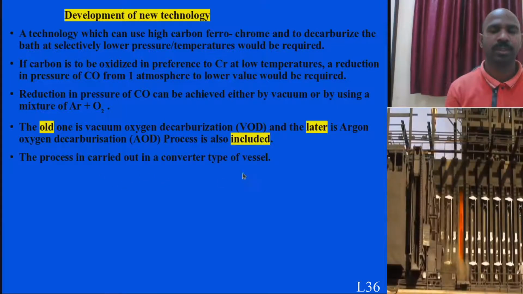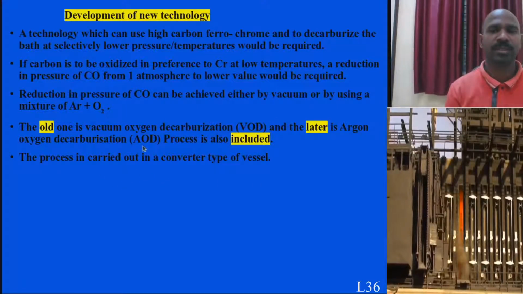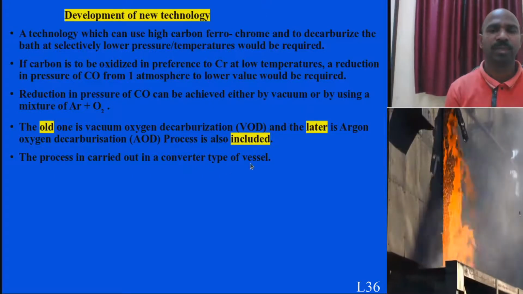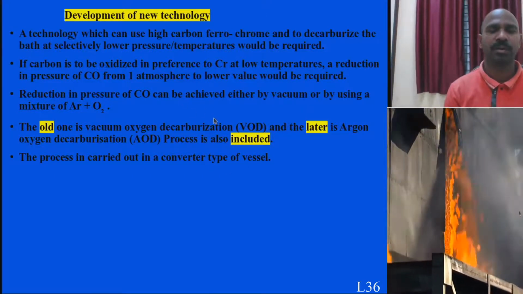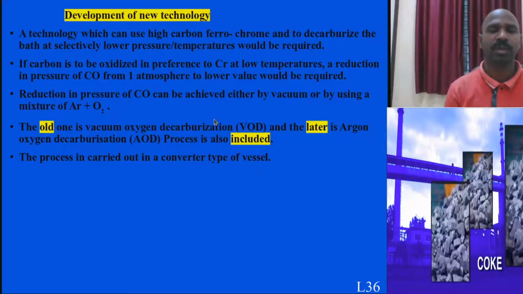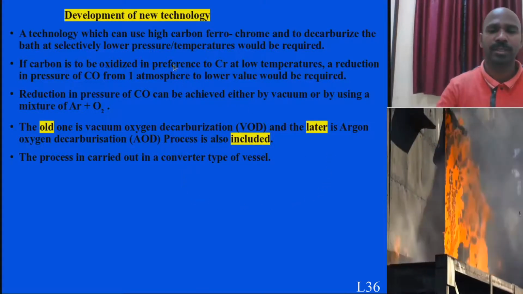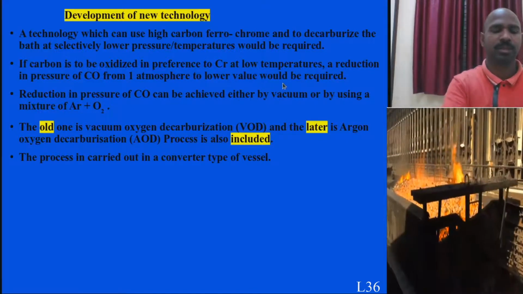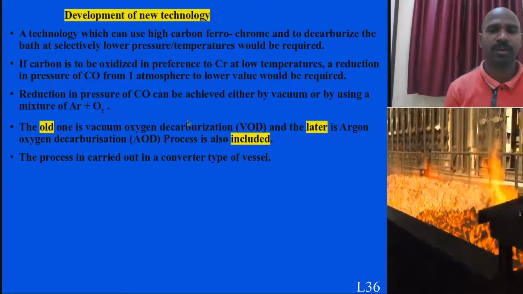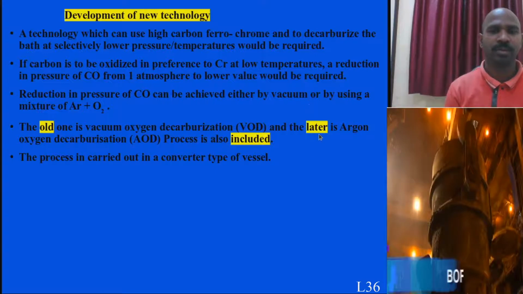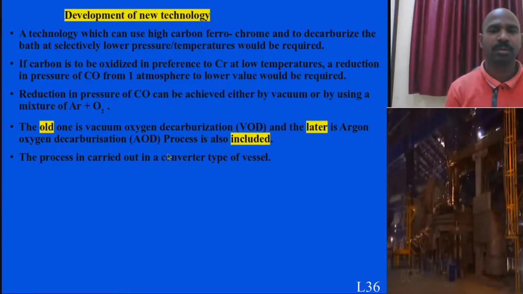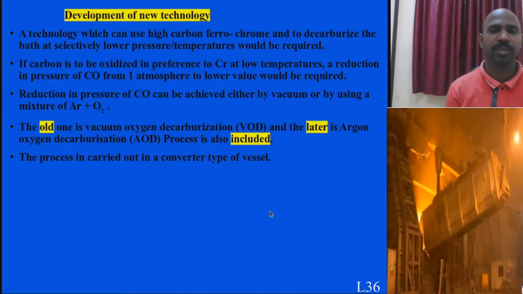These processes, VOD and AOD, use converter type vessels, just like the LD converter. The design looks like the LD converter. From the top it looks like a cone, in the middle it is like a cylinder shape, and in the bottom again tapering downwards.